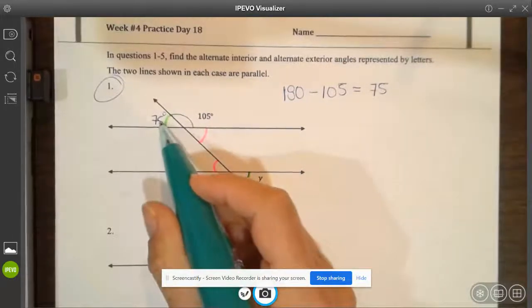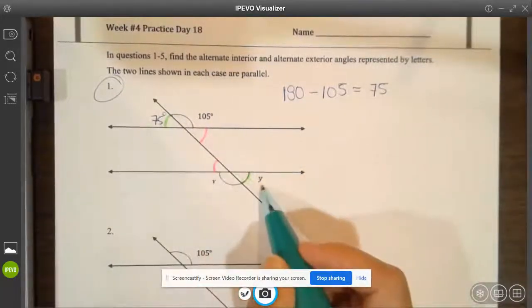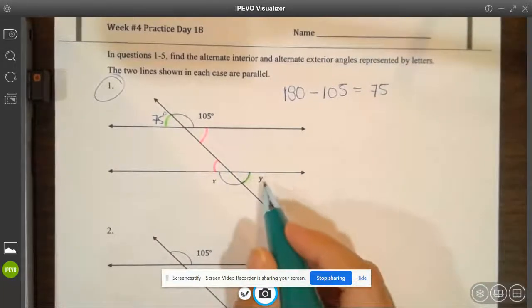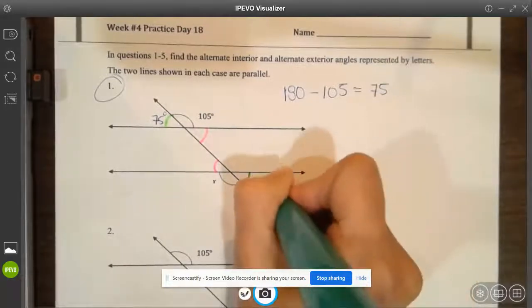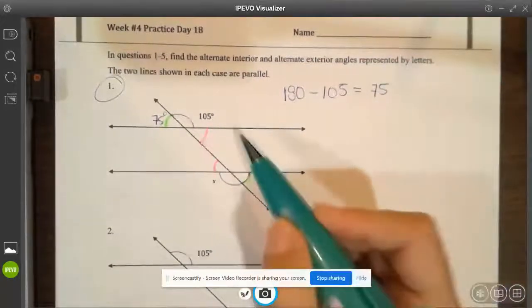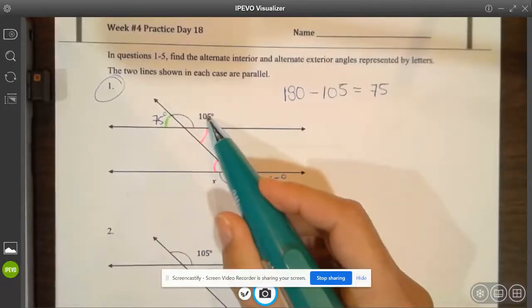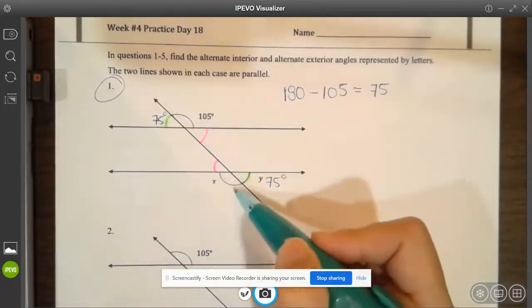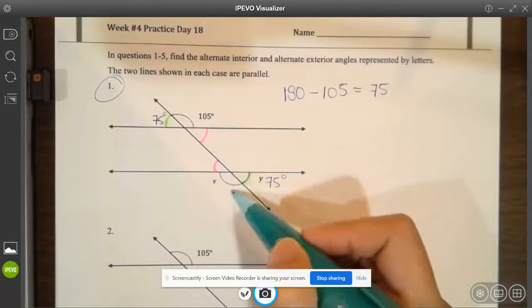Now, if this angle is 75 degrees and this angle is an alternate exterior angle, then this one is also 75 degrees. And being that we know now that this is an alternate exterior, then this one and this one are going to be the same.